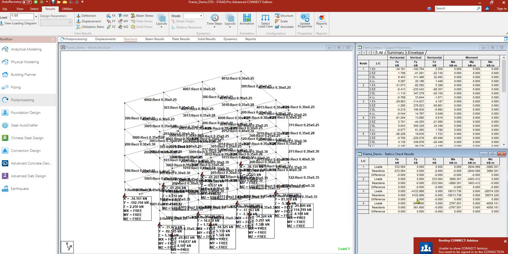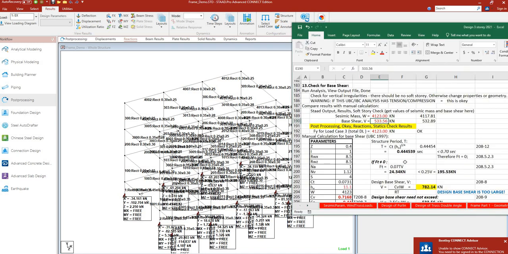So, if you will look closely, this is 4122.998. Okay, so, it is very close to yan, yung nandun sa output. So, that means, okay na yung computation ni STAAD. So, ibig sabihin, okay din ang ating loads. So, yan ang una kong i-check.